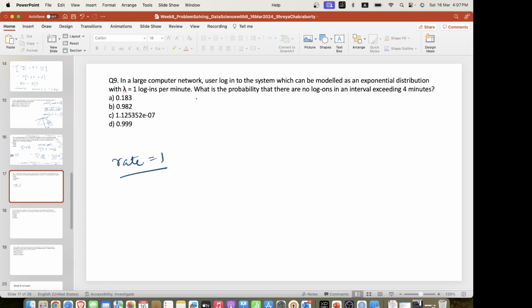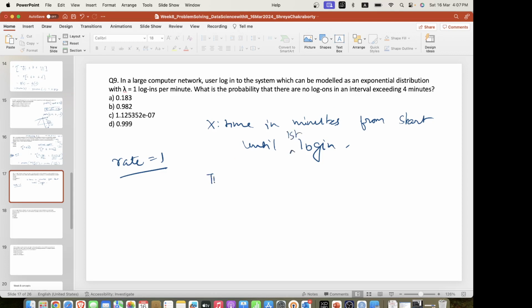What does that imply? So if we say X is the time in minutes from start until login. Okay, until first login, let's say.